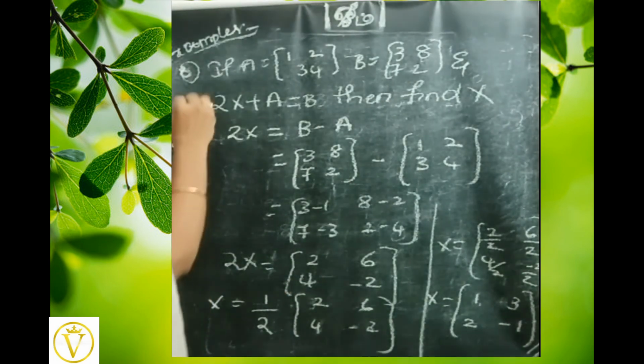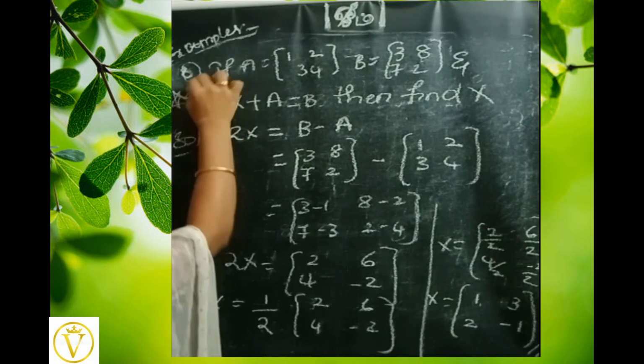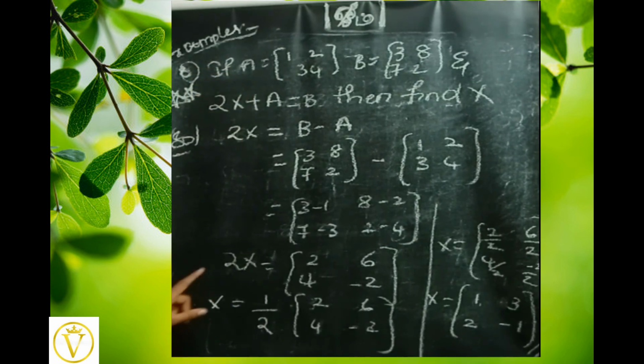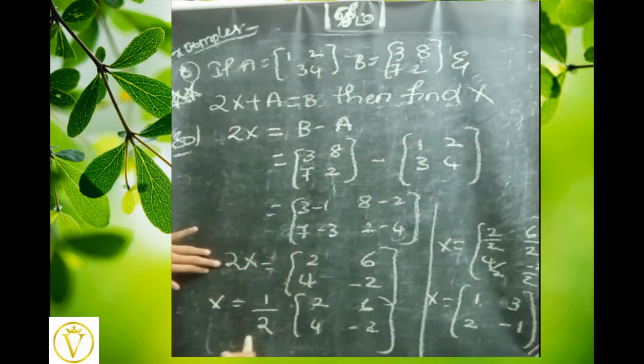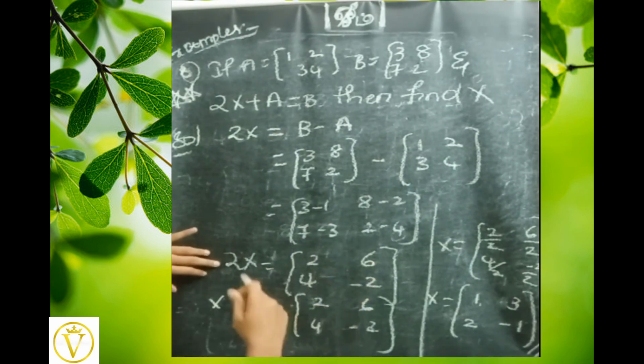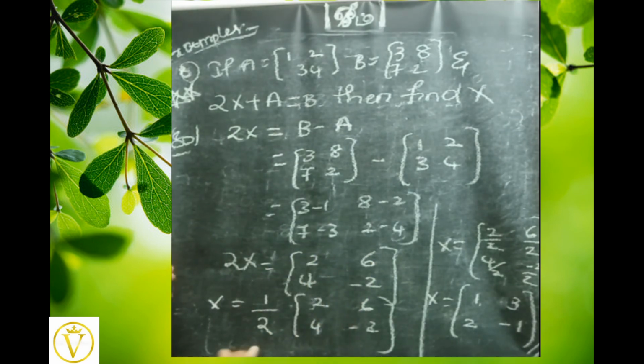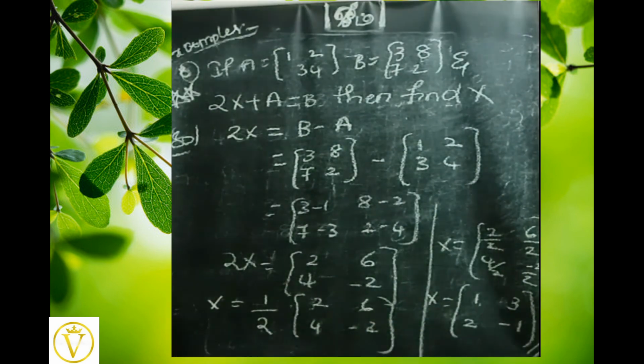Very, very important question. Many times they have asked it for 2 marks. You have to find out the X value. So here 2 is there, meaning if 2 goes to the other side it becomes 1 by 2. So every term will be divided by 2 and we will get 1, 3, 2, minus 1.